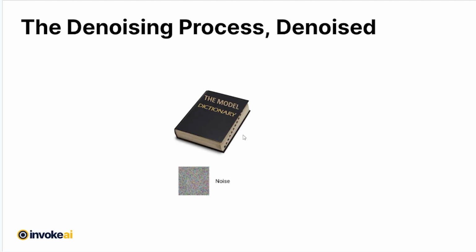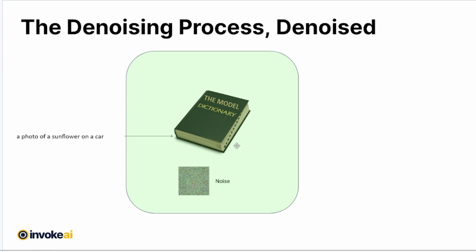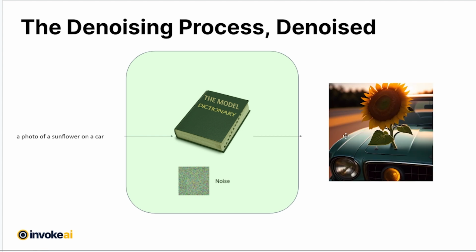So let's break down the denoising process and what exactly is happening in the diffusion process for generating an image. In the previous fundamentals video, we talked about how a model and noise can be used to generate the image. Well, that denoising process happens in the latent space. And we talked about how a text prompt can be passed into the model with that noise in order to generate an image.